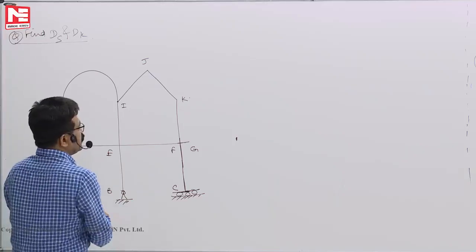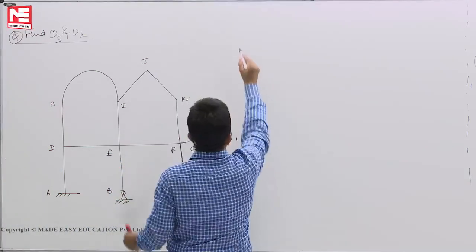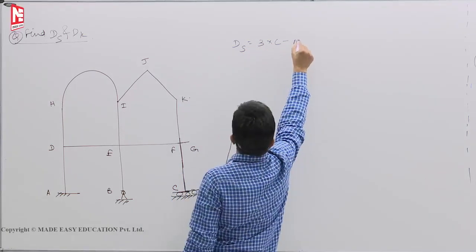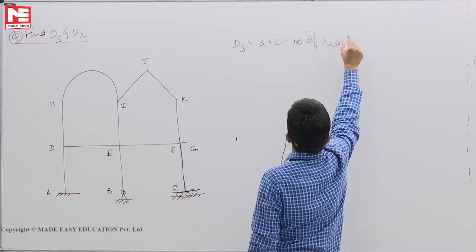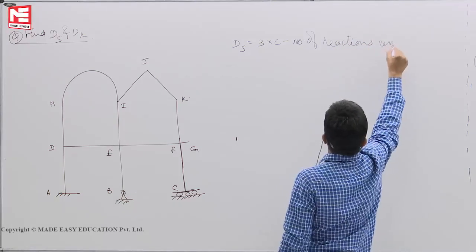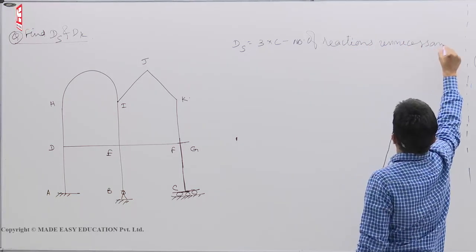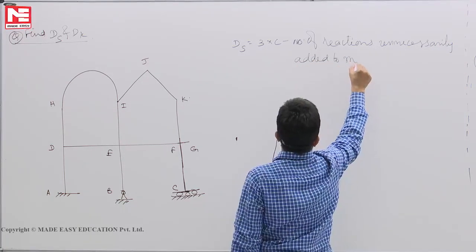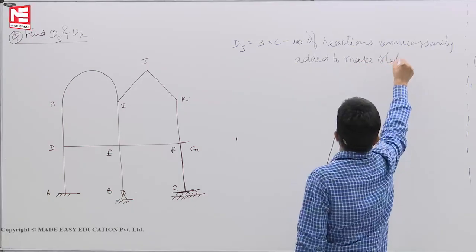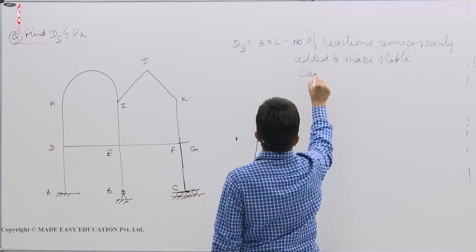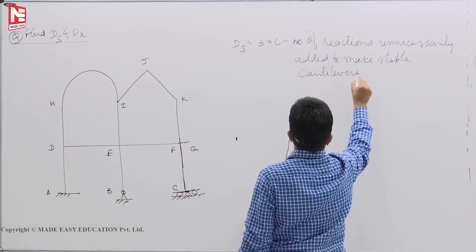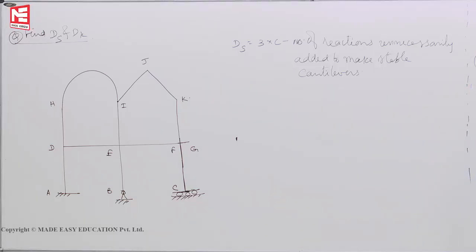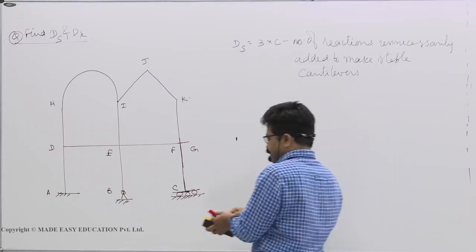That's all. Now, when you want to find ds, 3 into number of cuts minus number of reactions, unnecessarily added to make stable cantilevers. Okay, this is not there. To make stable cantilevers.